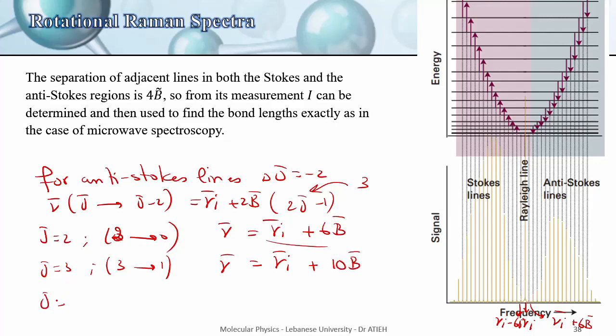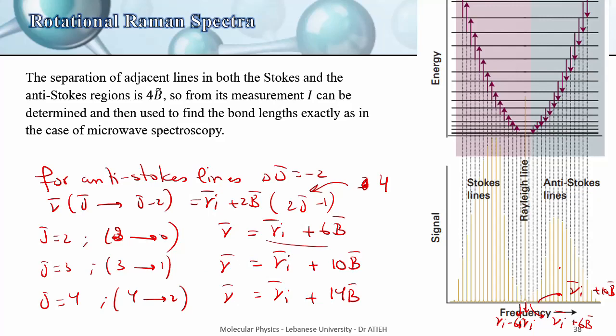And again, if J is equal to 4, this is a transition from 4 to 2, you will get nu bar equals nu I bar, substituting 4 instead of 3. You will get 4 times 2, 8, minus 1, 7. So 7 times 2 is 14, 14B bar. So the next one has a frequency nu I bar plus 10B bar, and so on.